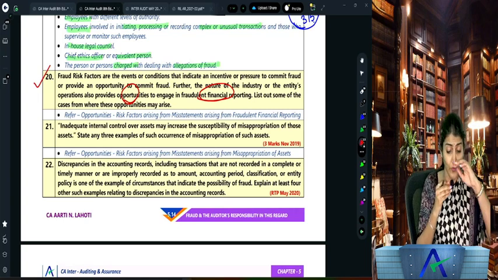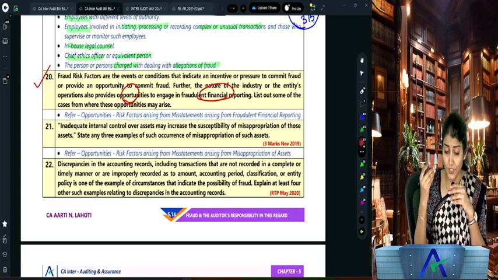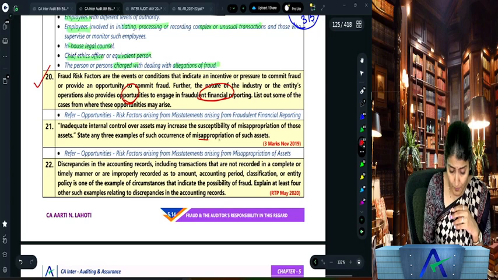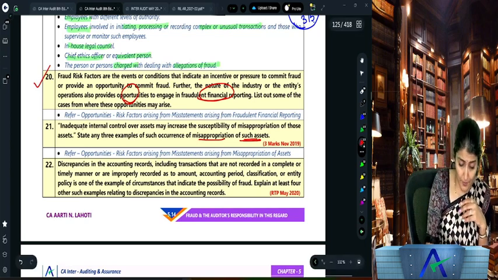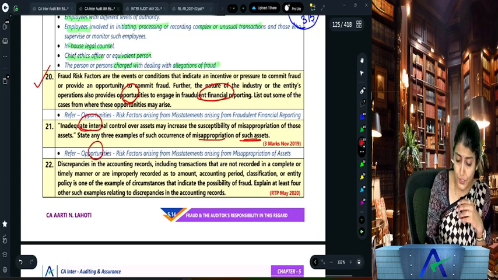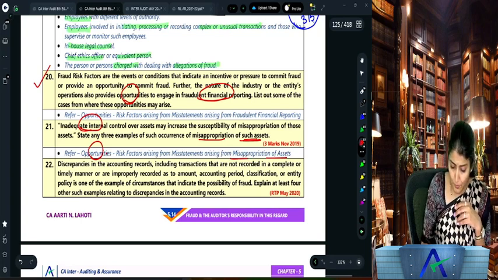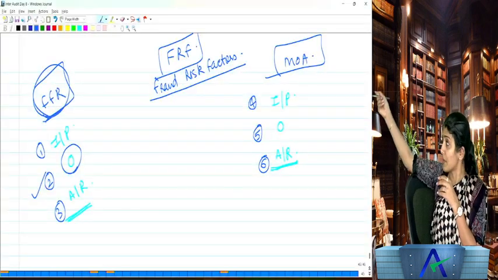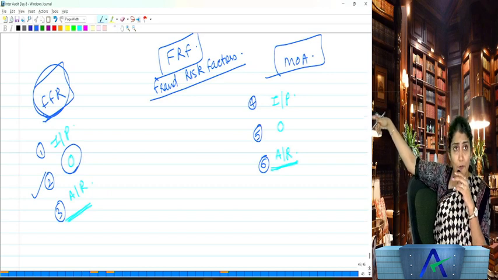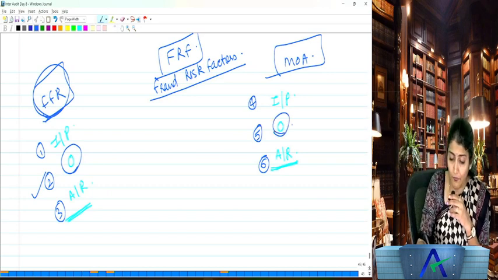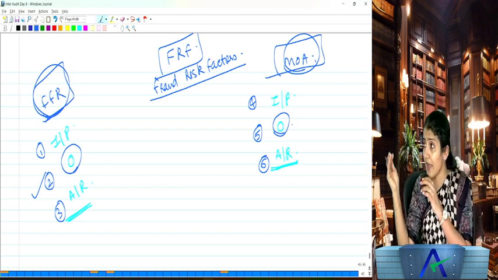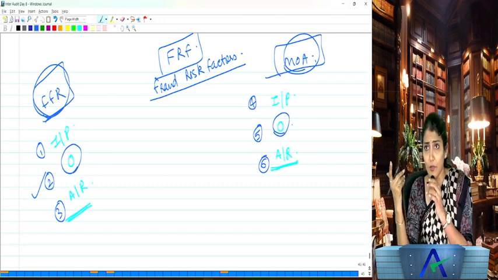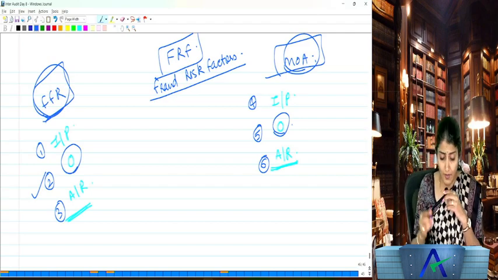State any 3 examples of such occurrence of misappropriation of the assets. Inadequate internal control gives you an opportunity to do the misappropriation of the asset. So which is it out of 1 to 6? It is the 5. Everybody, are you able to identify what we are discussing?